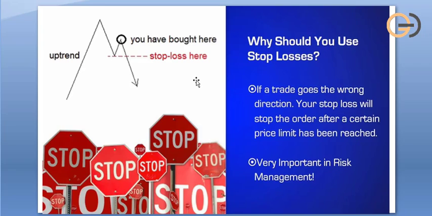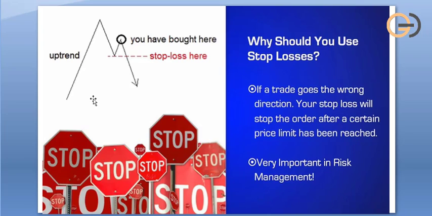For example, you bought at a particular price, then the market moves against you. There is a particular place where you want to take partial profit, or you want to leave the market, and you put in a stop loss there. So a stop loss helps you to leave the market when the price goes against you.